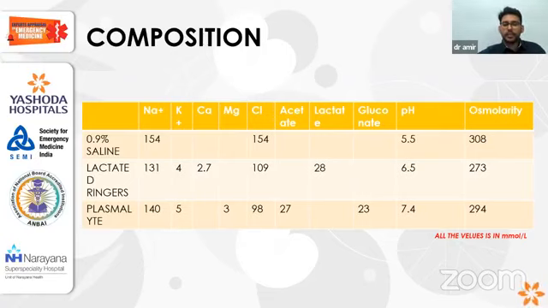It's very similar to the body osmolarity. So why we are suggesting the use of balanced solution is because of this composition, which can help balance the body osmolarity and the body acid-base balance.